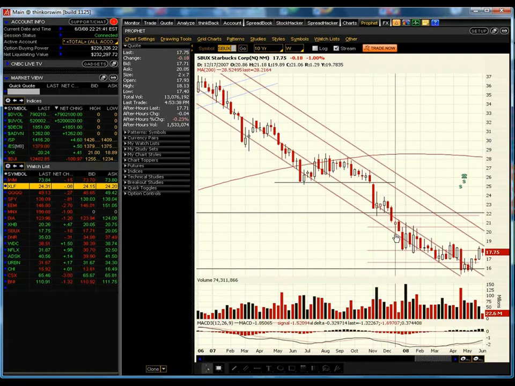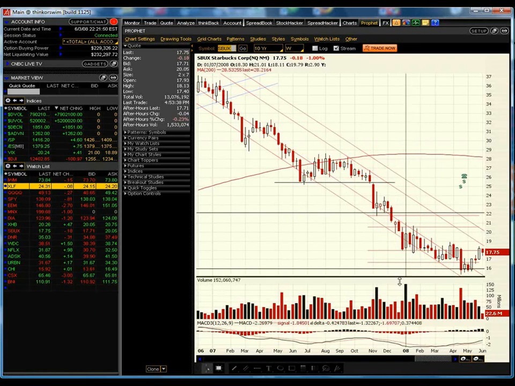Here's another day in which over 150 million shares were traded on one day. So, in order to get that kind of volume in a stock's trading in a single day, you're talking about a significant amount of money.